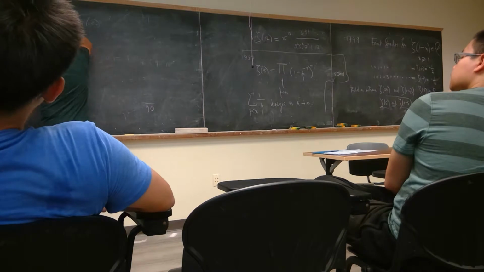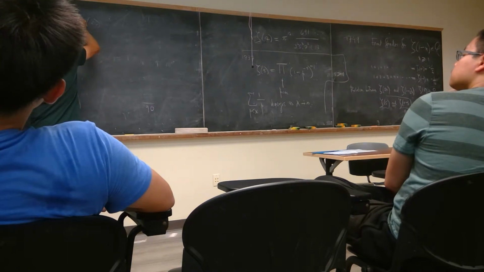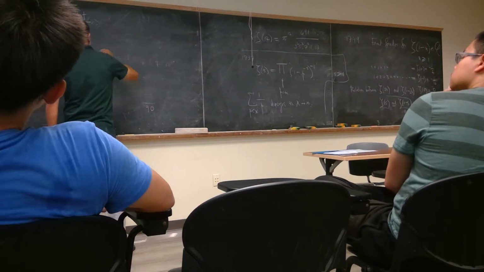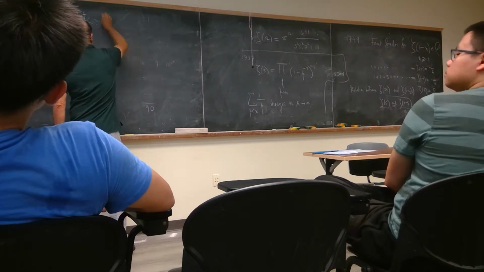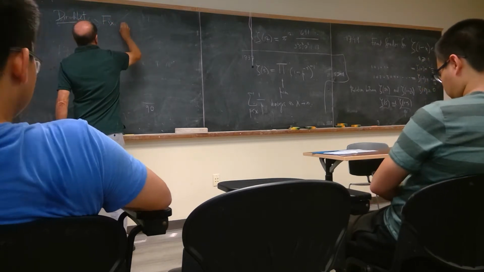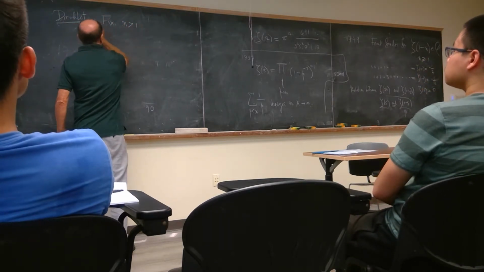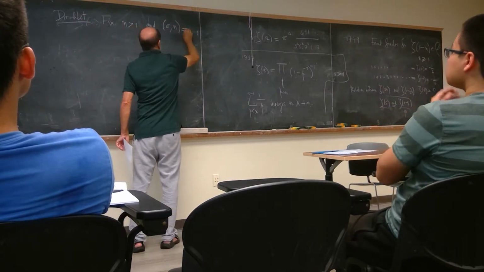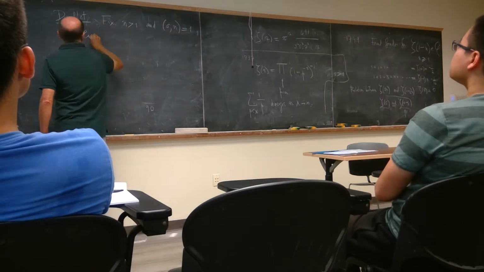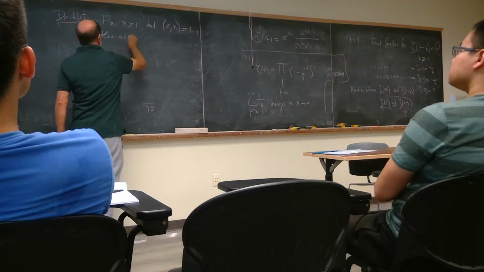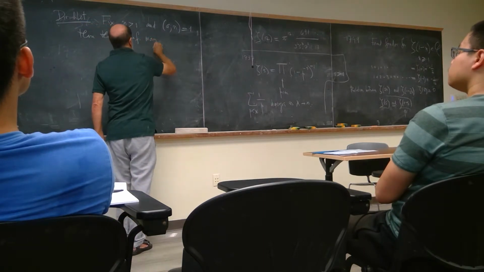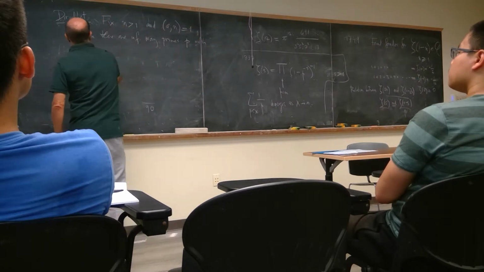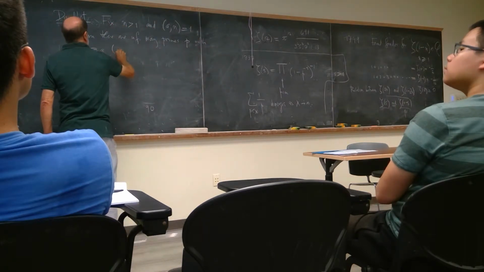And Dirichlet proved a great theorem, which had been conjectured by Legendre and used by people, which said that if you fix a modulus n greater than 1 and a class a, which is relatively prime to n, then there are infinitely many primes p with p congruent to a mod n.